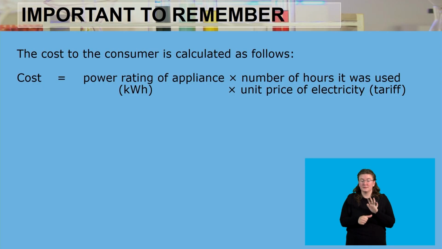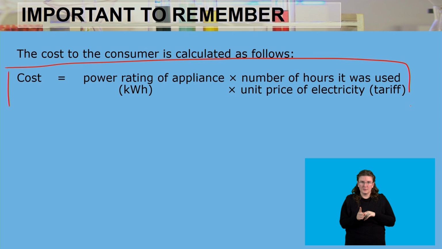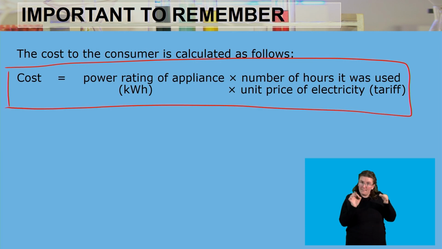And as I've said, the most important thing that I want you to remember is for you to apply and to use this formula when calculating the cost of electrical power. So we are saying cost is equal to the power rating of the appliance multiplied by the number of hours in which that appliance was used, and then lastly multiplied by the electricity tariff that is determined by the municipality.